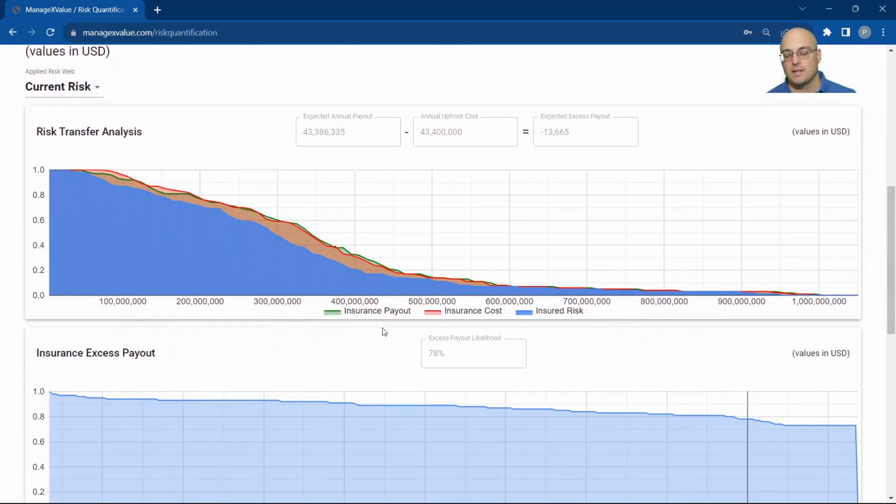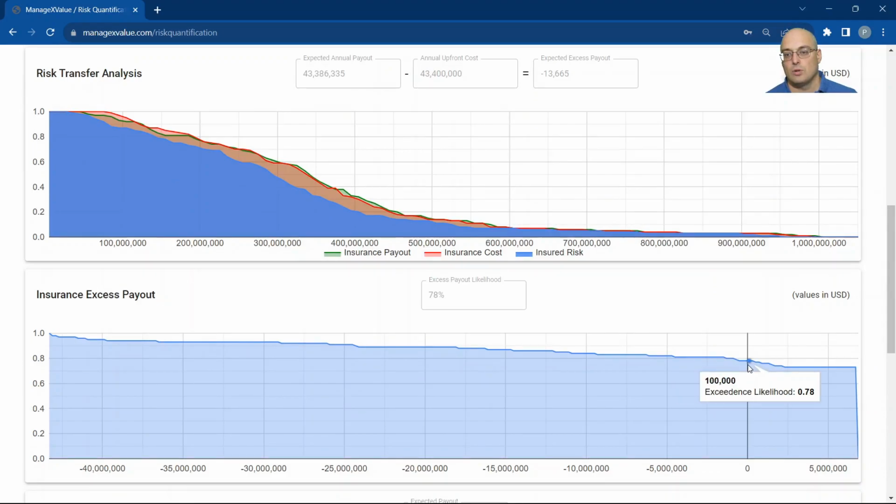This happens because this is a very risky area for this organization. And in fact, in any given year, there is 78% chance that the insurance provider would pay more than 43.4 million out to cover any of the risk events related to this area.